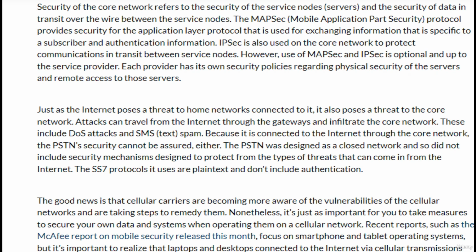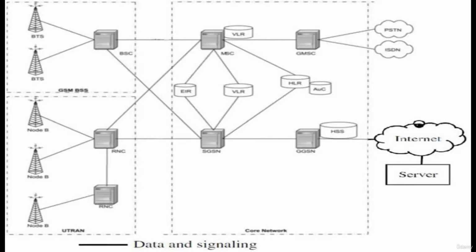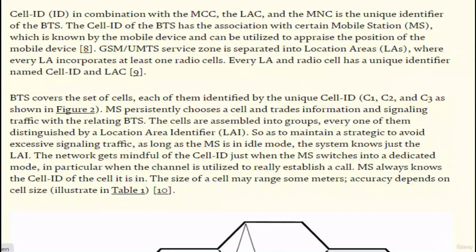The good news is that cellular carriers are becoming more aware of the vulnerabilities of the cellular networks and are taking steps to address them. Nonetheless, it's just as important for you to take measures to secure your own data and systems when operating them on a cellular network.